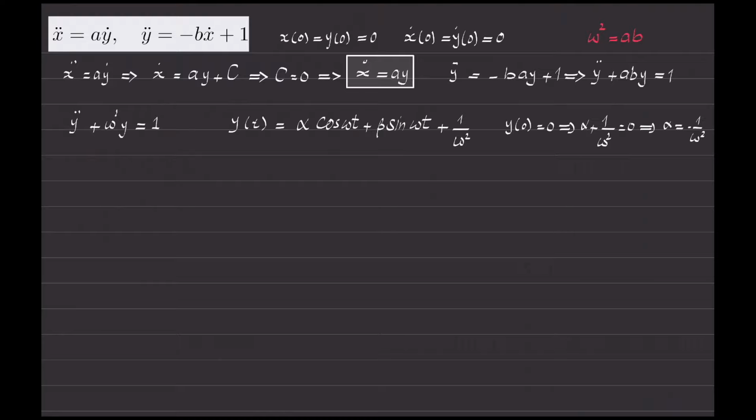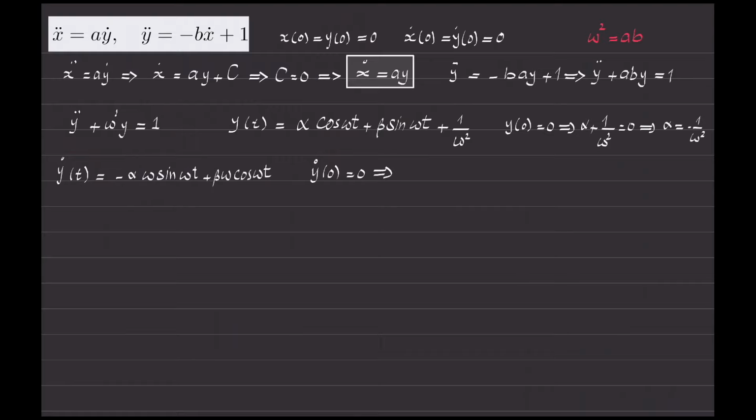Now I want to use another initial condition, but in order to do that, I need to know y dot of t. So I differentiate this relation with respect to time, so it becomes minus alpha omega sine omega t plus beta omega cosine omega t, and now I apply the condition that y dot of 0 is supposed to be 0.